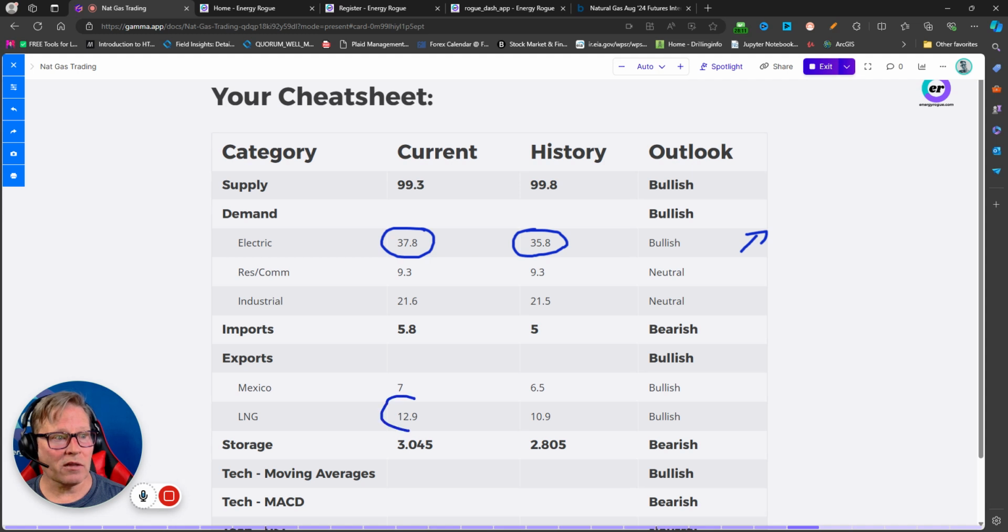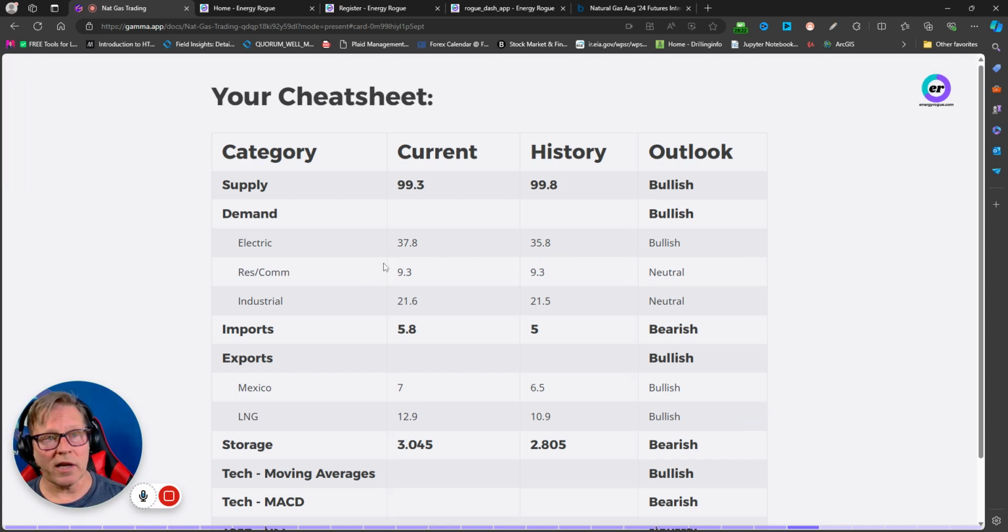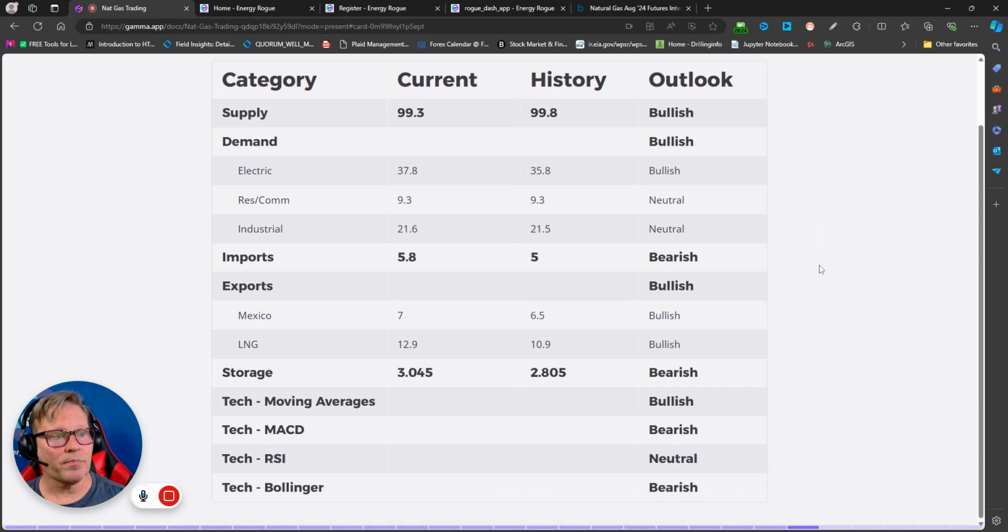And then when we look at LNG, if we got back to the 14.9, that would be massively bullish. Now, there are other circumstances where an LNG facility goes down, but it's important to look at each one and evaluate them so that you can make a determination.